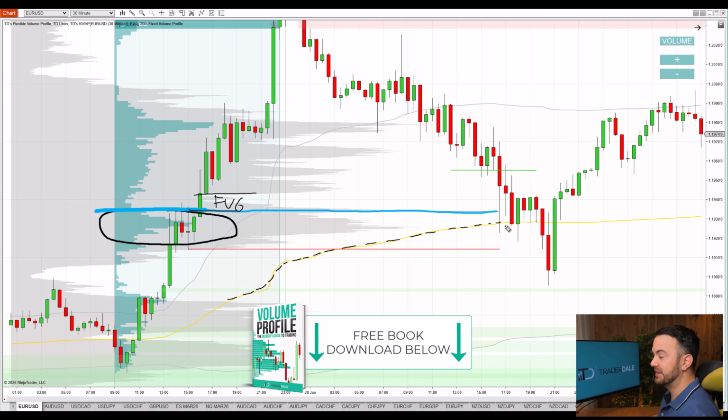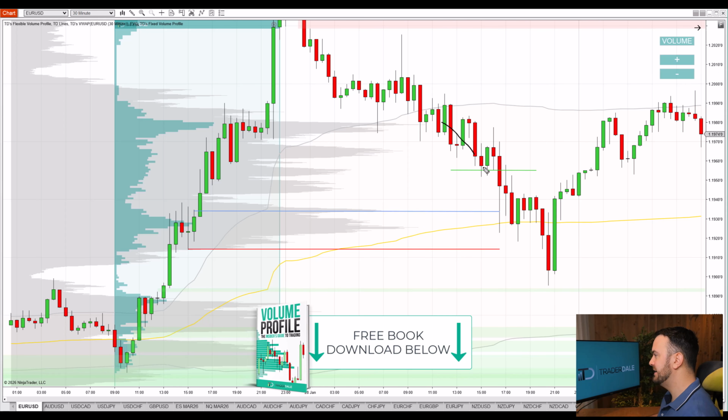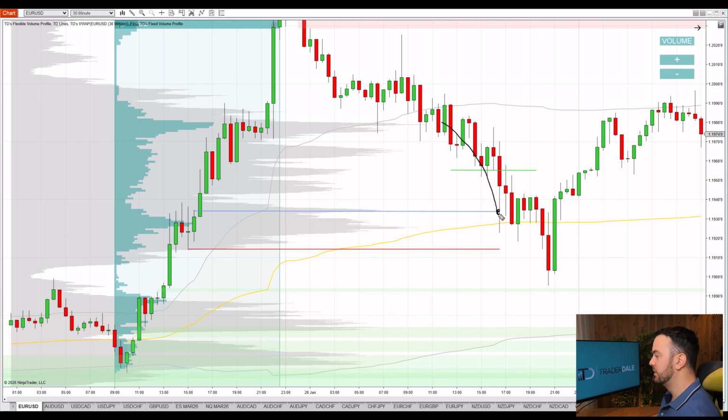Okay, so this is why I had that long level here, and when the price hit my level, I entered with a limit order. In this case, the price went a little bit down, overshot the level a bit, hit the VWAP line, and then made that reaction.